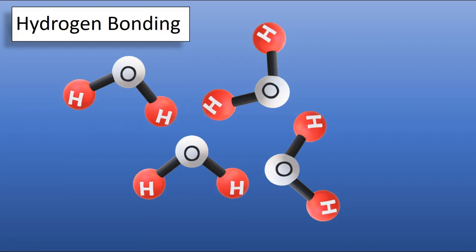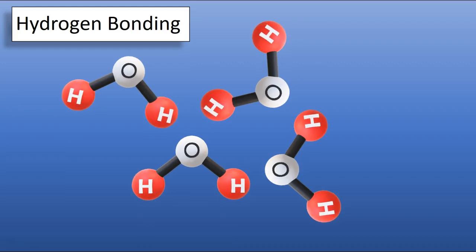Again, water is polar, and those electrons, like we talked about, spend more time around the oxygen, which gives the oxygens that partial negative charge, and the hydrogens that partial positive charge. The interaction between the partial positive and the partial negative is going to give rise to hydrogen bonding.